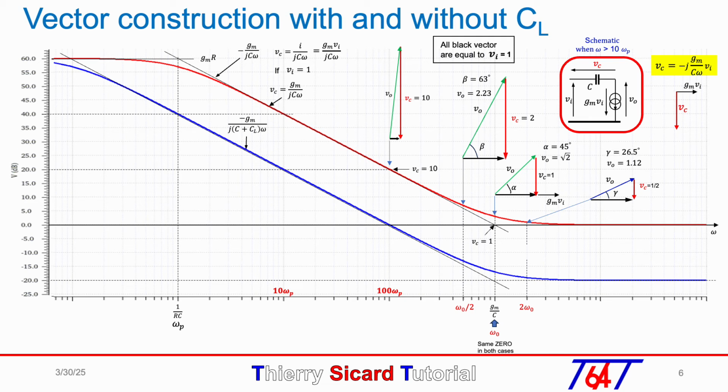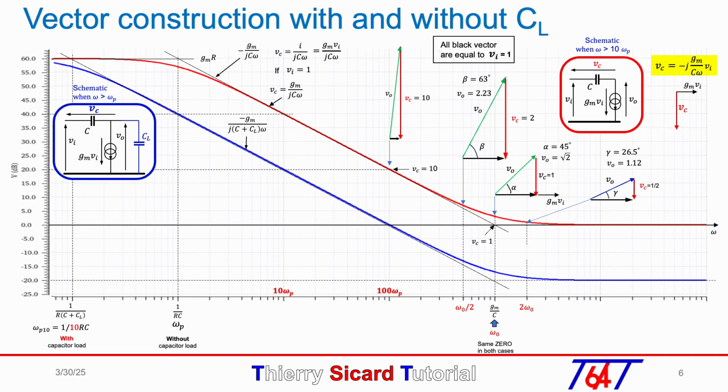It intersects the horizontal asymptote of 0 dB at the same omega 0 as the red curve, and the horizontal asymptote GmR at the angular frequency omega p10 equal to 1 over R times (C plus Cl), 10 times lower than omega p. As for the red curve, for an angular frequency greater than omega p, the schematic can be simplified as shown in the blue box, with just capacitors C, Cl, and the current source GmVi.